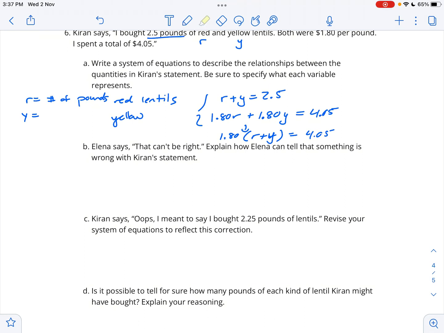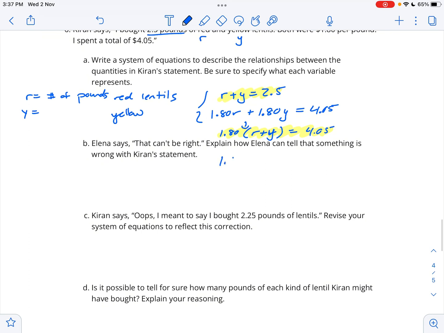There's going to be a problem if you look, especially at the first equation and that second form of the other equation. Because just imagine that second equation, let me rewrite it, 1.80 times (r plus y) is equal to 4.05.